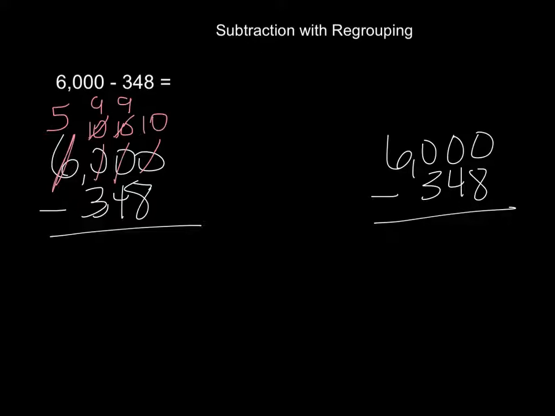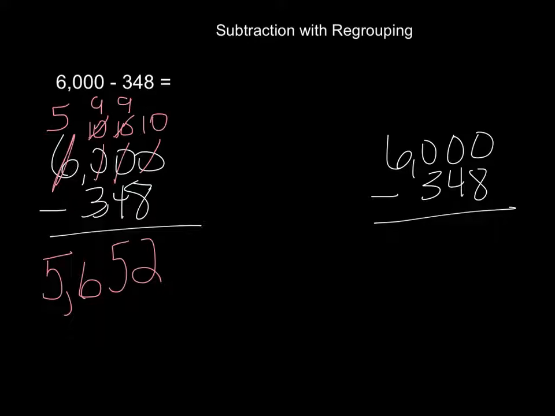From here on in, I can just use that regrouped number, which is 5 thousands, 9 hundreds, 9 tens, and 10 ones, which is still 6,000, and do my thing. 10 take away 8 is 2, 9 take away 4 is 5, 9 take away 3 is 6, and 5 take away nothing is 5. That's one way to look at this, and I would call that sort of the traditional algorithm, the traditional way.